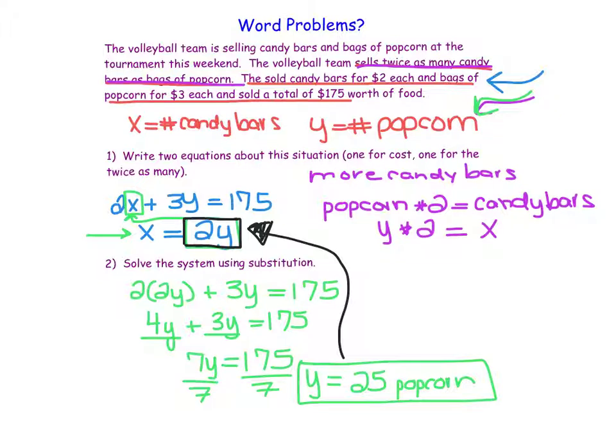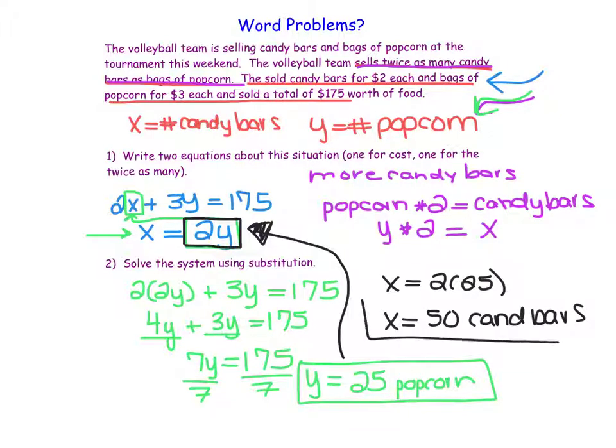So I can take my popcorn, which is 25, multiply it by 2, and I find that I sold 50 candy bars. So in order to fit both constraints of this problem, where I sell twice as many candy bars as bags of popcorn, and at the prices they're set at, I made $175, I would sell 50 candy bars and 25 bags of popcorn.